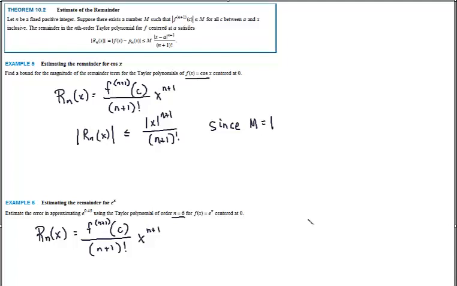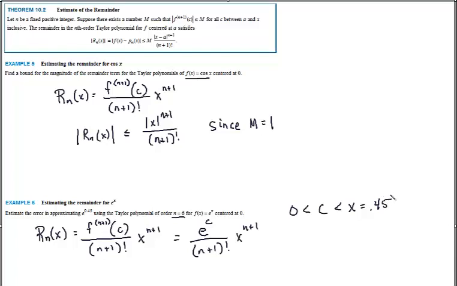Since that derivative is e to the x, I know that this is really going to look like some e to whatever c that I pick, over n plus 1 factorial, times x to the n plus 1. Now I need to pick a constant that is going to be less than what my x is, and my x happens to, in this case, be 0.45.